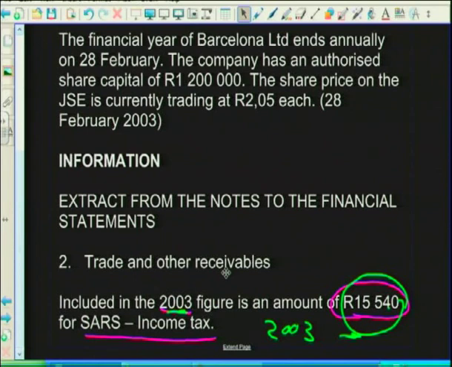Trade and other receivables, remember guys, these are obviously your debit balances. Included in the 2003 figure is an amount of 15,540 Rand for SARS income tax. Okay, so what does that mean? That means that the receiver is owing us, owing the business 15,540. So we obviously overpaid the receiver.